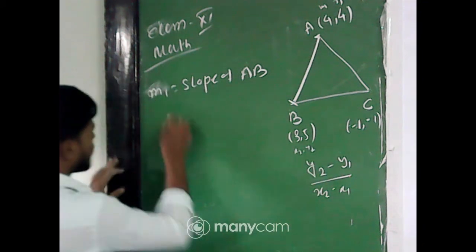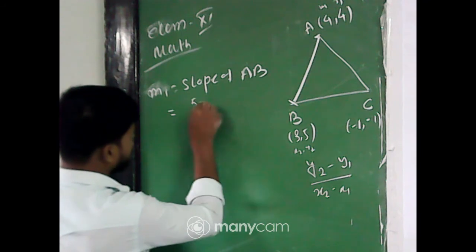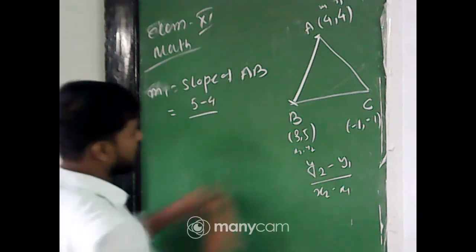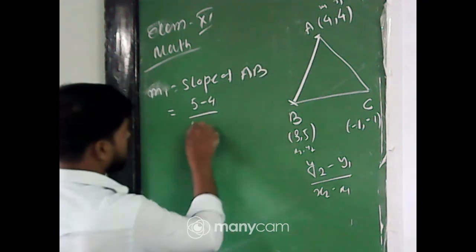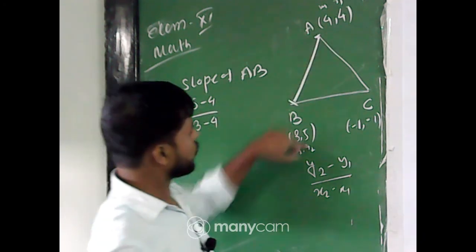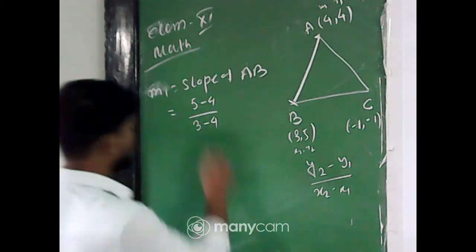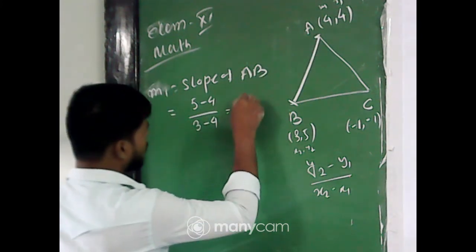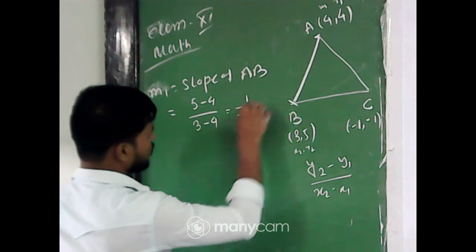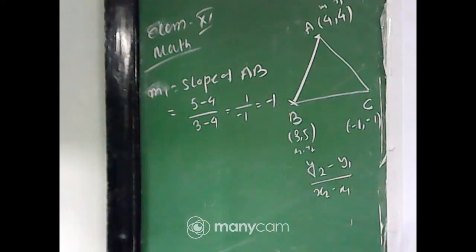So the slope is (5 minus 4) by (3 minus 4), which is 1 by minus 1, that is equal to minus 1. So the slope of this line is minus 1.